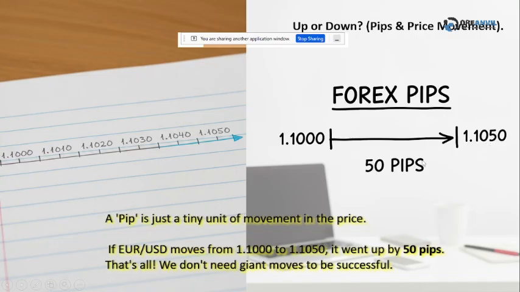In Forex, the smallest price move is called a pip. In this example, the price moved from 1.1000 to 1.1050, and that's a change of 0.0050.